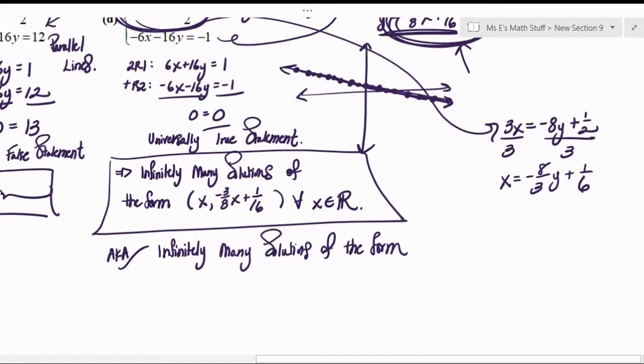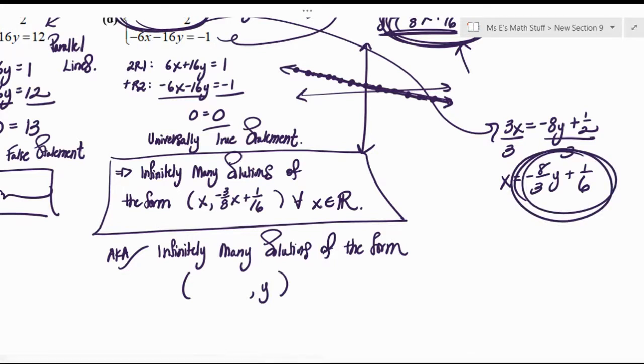So another way to express the exact same thing would be to say infinitely many solutions of the form, and then to have your answer in terms of y. So y could be the free variable, but your x value would have to be calculated using this formula. So you take your y value and you multiply it by -8/3, and then you add 1/6.